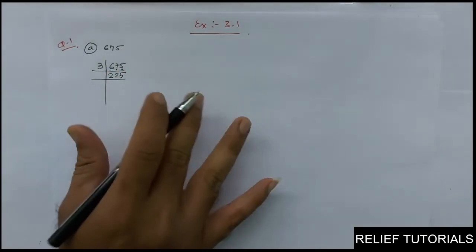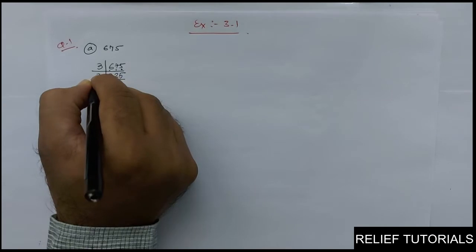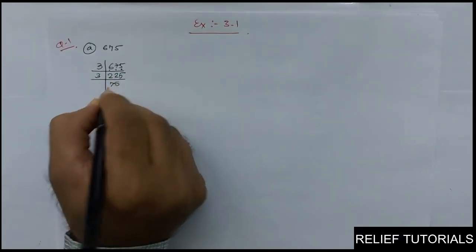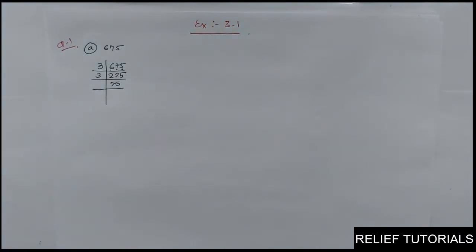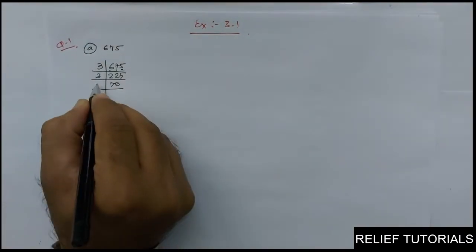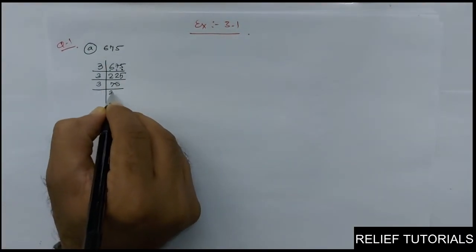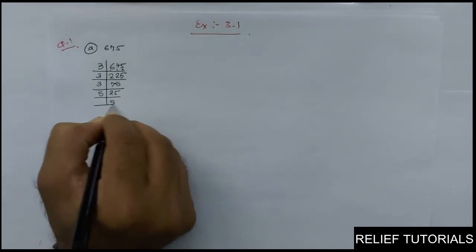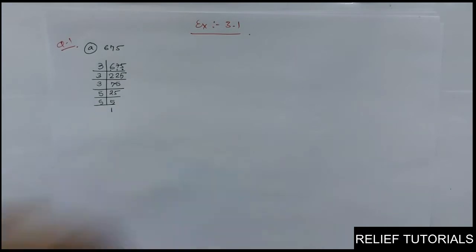So let us divide this number by 3 still. 3 7s are 21, 1 left, 3 5s are 15, that gives 75. Still it is divisible by 3, so 3 25s are 75. Now 25 is 5 5s, and 5 1s are 5.